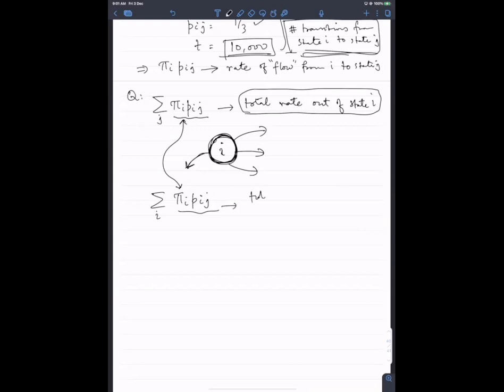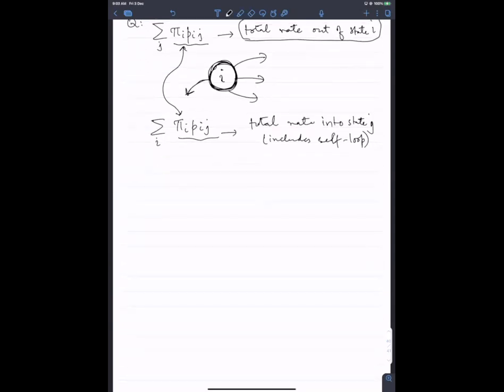So this is the total rate into state j. And this includes self loops. If you stay in j from j, that is also included. This includes the self loops.